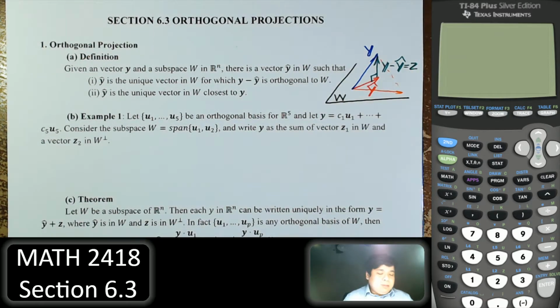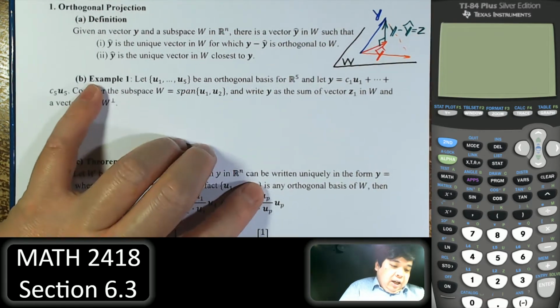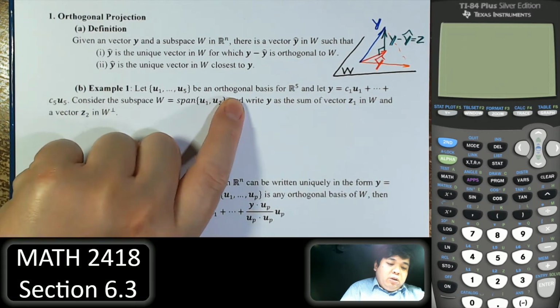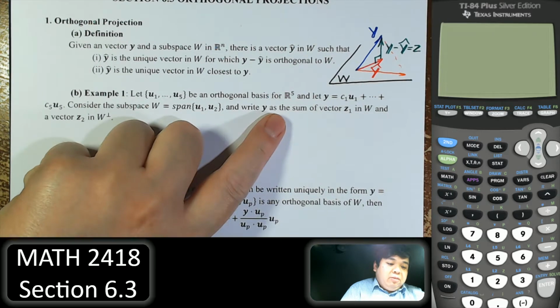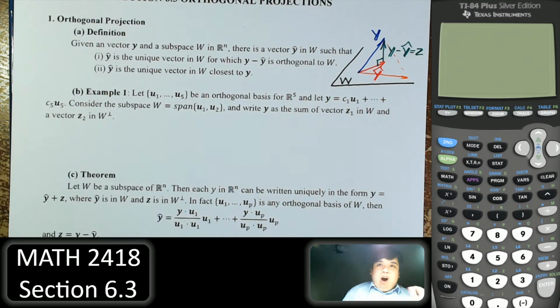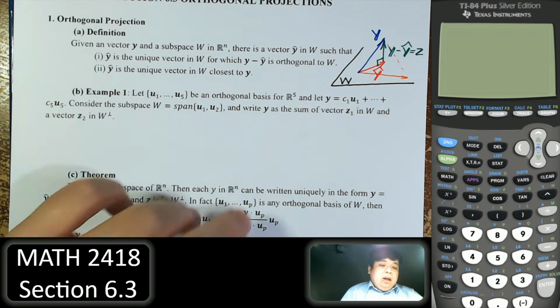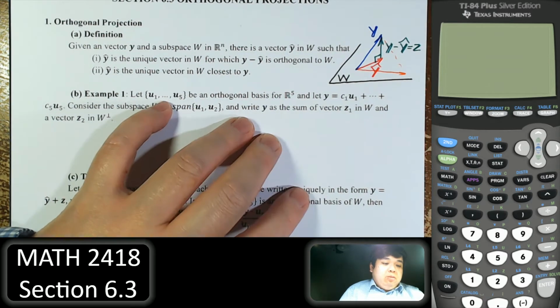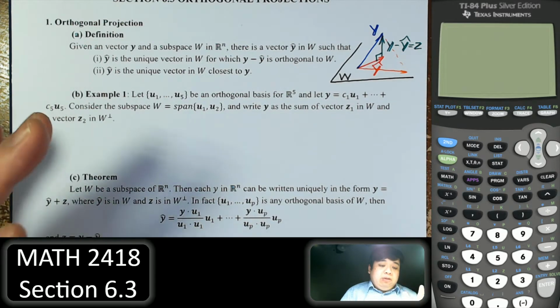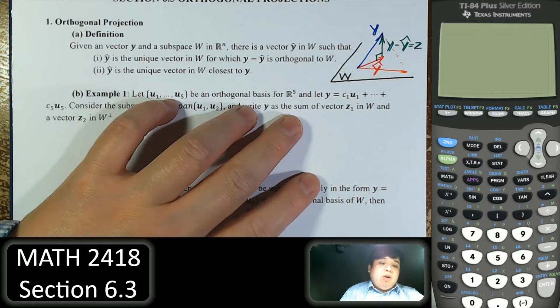Right. Now, first example: let u1 to u5 be an orthogonal basis for R5. As you see, they are orthogonal, so they will automatically be linearly independent, and so they are 5 linearly independent vectors in R5, therefore they will be a basis for R5.